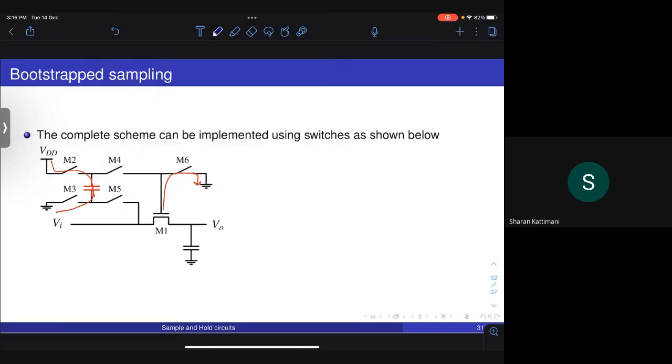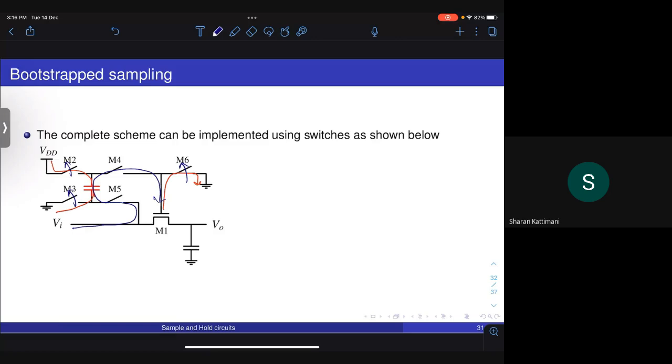Okay, and when you want to basically turn on the sampling switch, you open the switch M6, open these two switches M3 and M2, and close M5 and M4 to basically connect the gate of the transistor in series with the capacitor to the input.